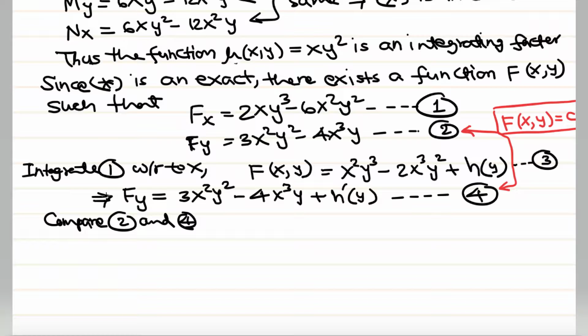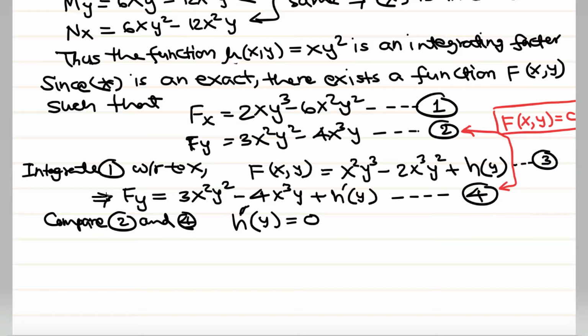On the right hand side, 3x squared y squared, same thing, minus 4x cubed y, same thing, and there is nothing but h prime of y. The left hand sides are the same, f sub y, which means these two right hand sides should be the same, but they are equal, that means this must be equal to 0. There is nothing left. That means h prime of y equals 0.